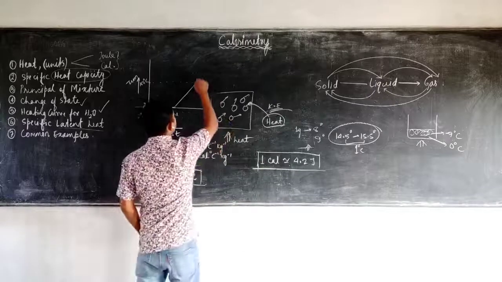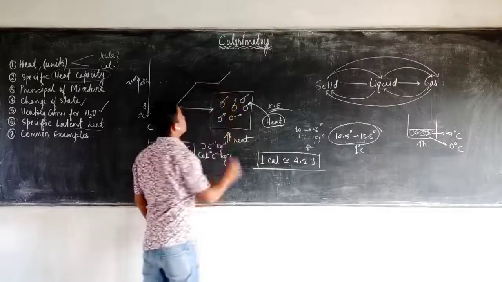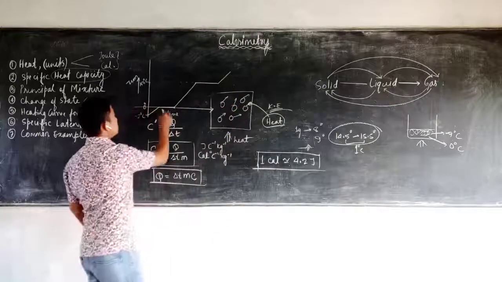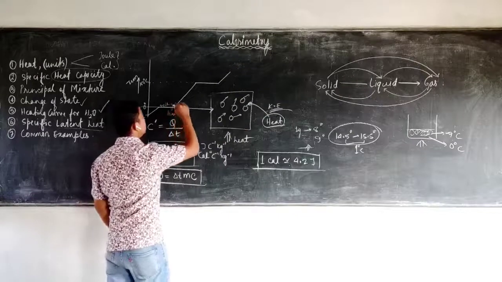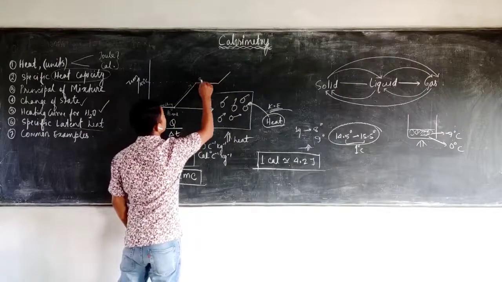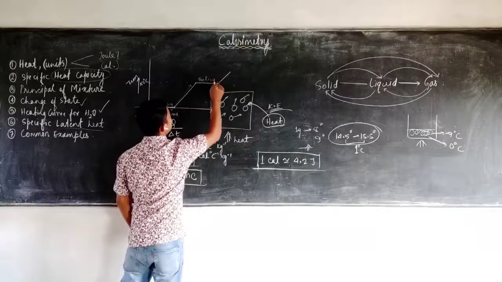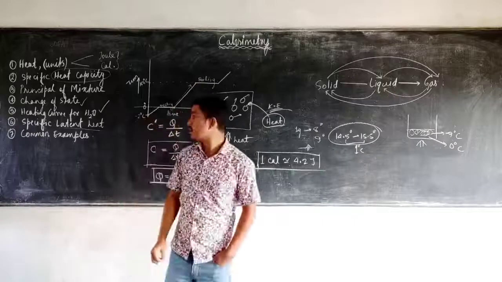At that also the temperature remains constant, and then there will be a rise in the temperature of the vapor. So this part represents melting, this represents the rise in temperature, and this represents the boiling. So you should be able to find out which part of the curve represents the change of state.